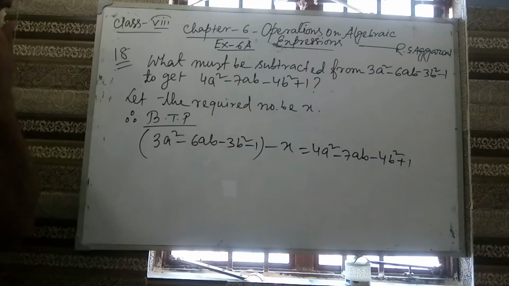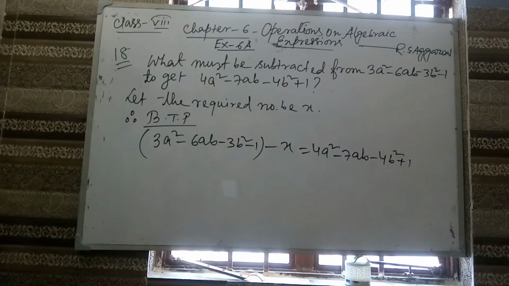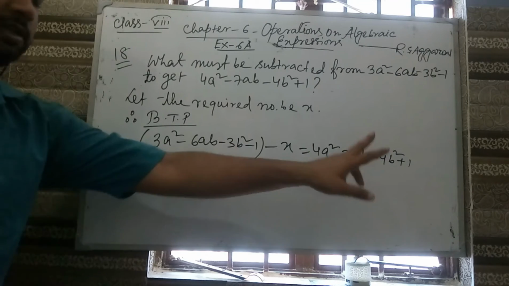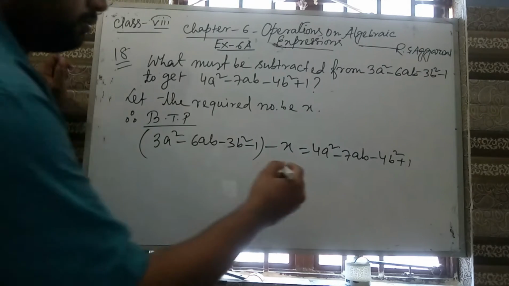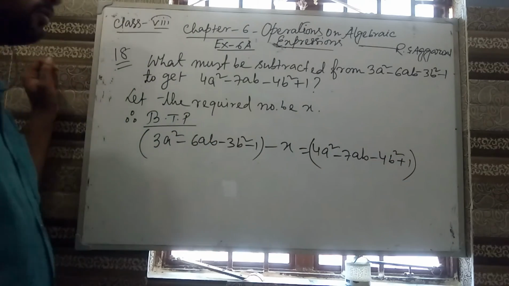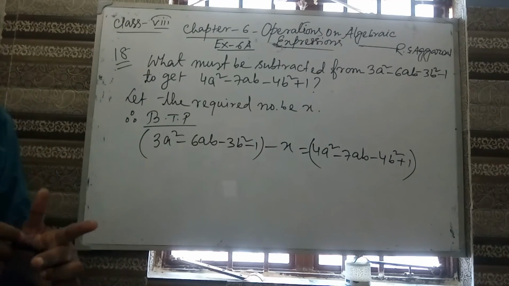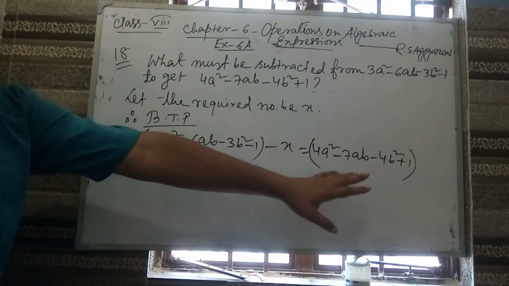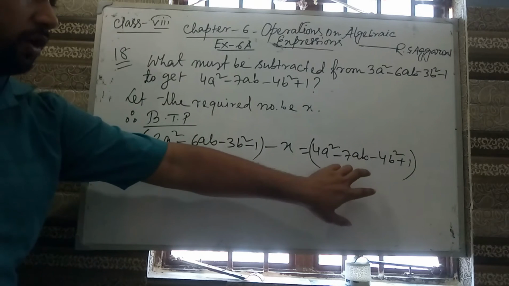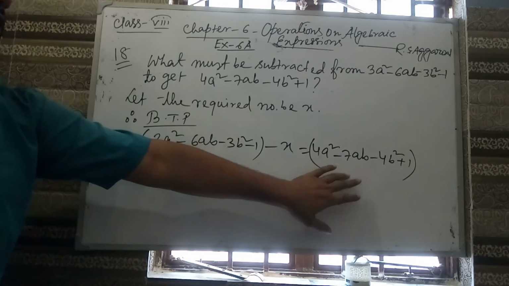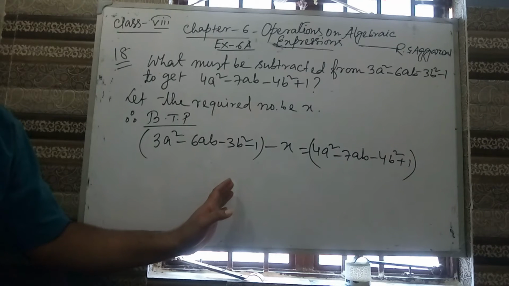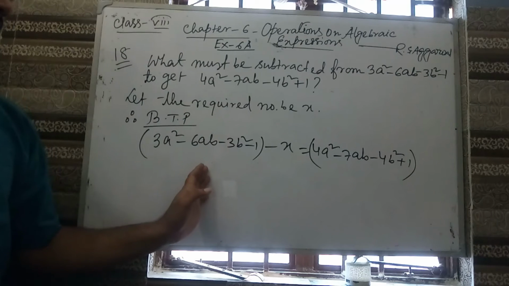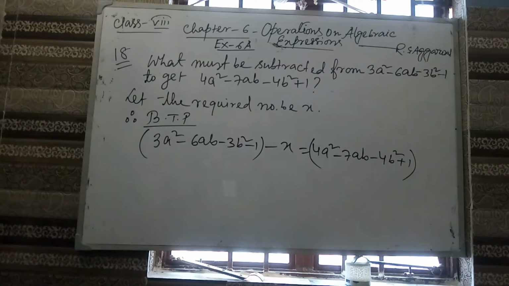So look, what we can do? We can take this minus x to the right hand side, and put this expression in brackets. We take this minus x to the right hand side so that it will become plus x, and we take the whole expression of the right hand side to the left hand side. So what can we write?